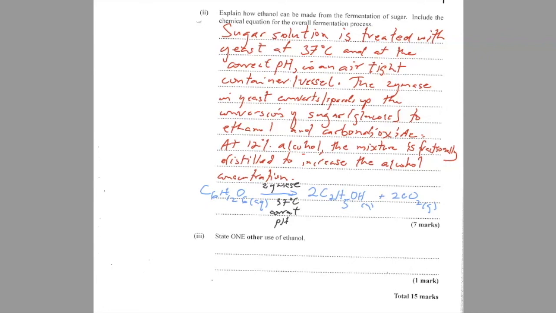If the pH is too low, it can render the enzyme inactive. And also we must state that the optimum temperature used is 37 degrees Celsius. I hope this is clear. So let's just fix that.